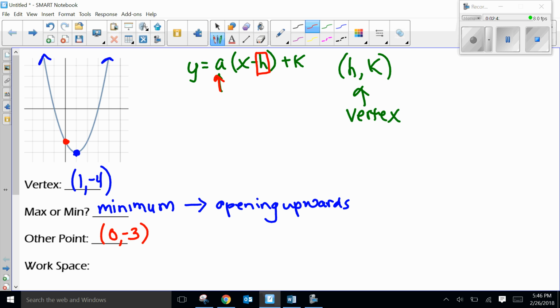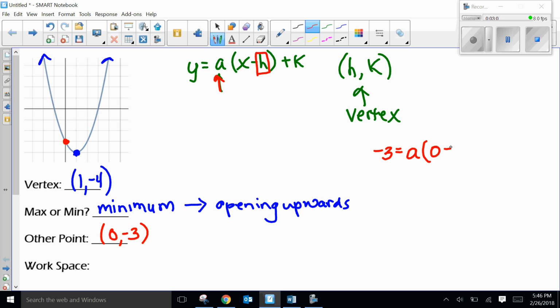Okay, so I'm going to take my other point and plug in. So I have negative 3 equals, I don't know my a value, that's what I'm going to be looking for. And then I'm going to plug in 0, my x value that I know. And then I'm going to plug in my vertex to h and k.